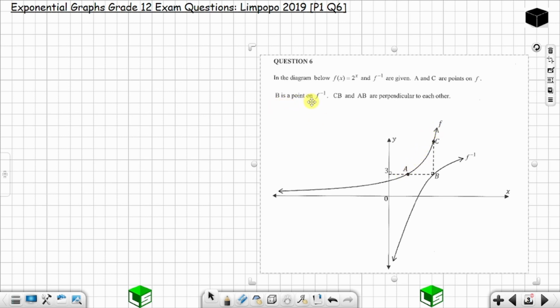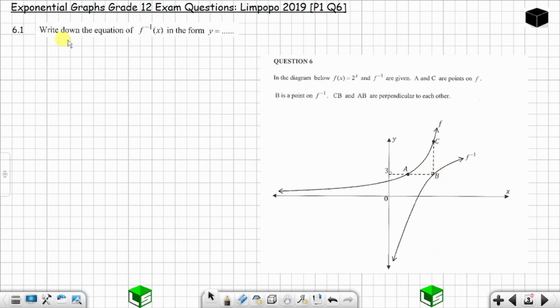B is a point on the inverse of f. CB and AB are perpendicular to each other, so they are forming an angle of 90 degrees at that point.